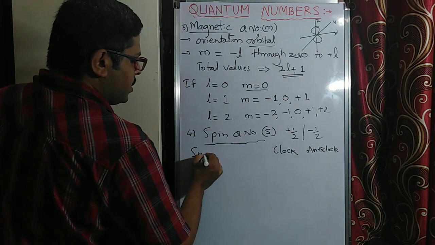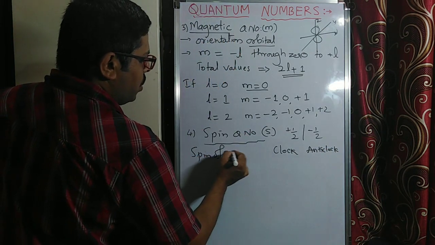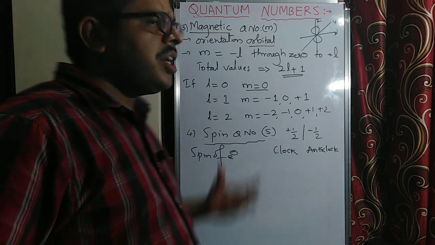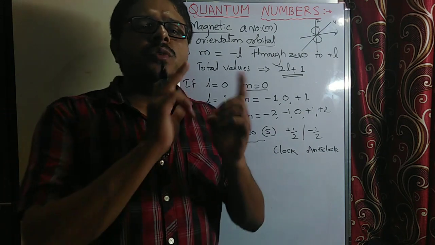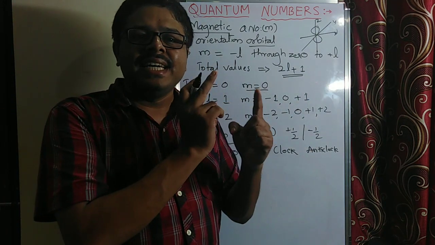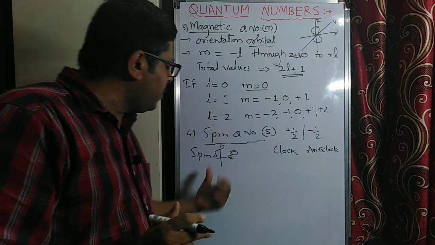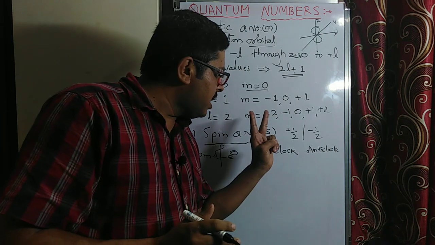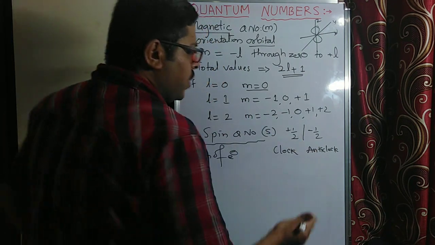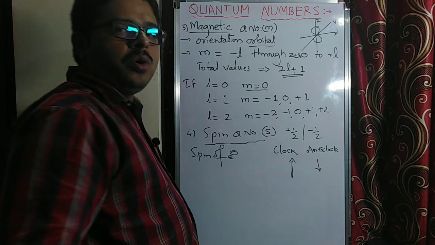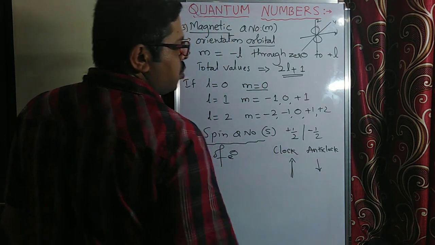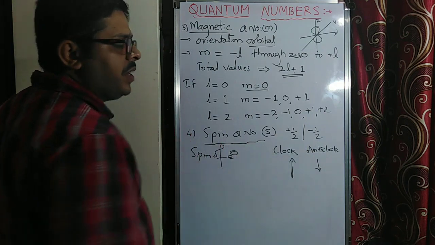This indicates the spin of an electron, which means every electron will have a spin, just like rotating about its own axis. Hence each electron has two possible spins, clockwise or anti-clockwise. We write it as an upward arrow and a downward arrow. Like this you have to represent the spin quantum number.